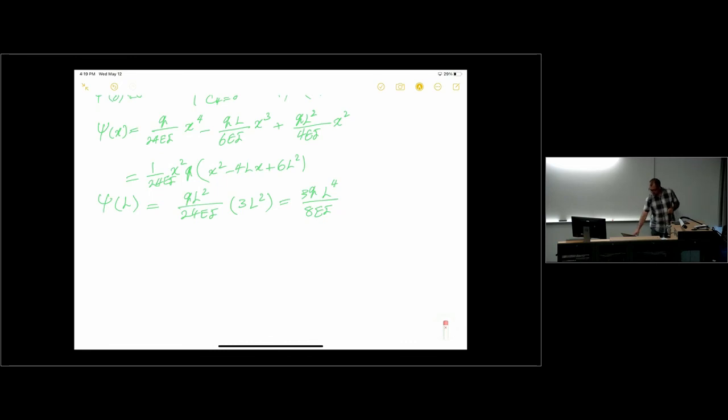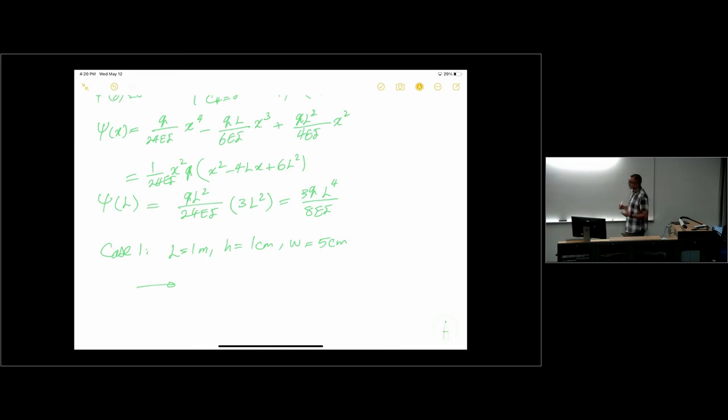Now let's look at two cases. Case 1: we have a length of 1 meter, thickness of 1 centimeter, and width of 5 centimeters. Same material as before.